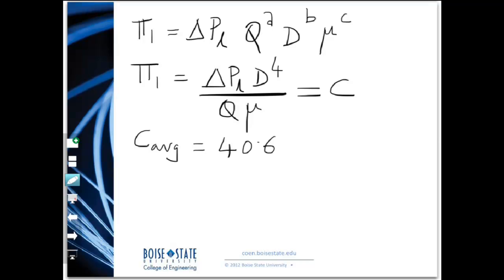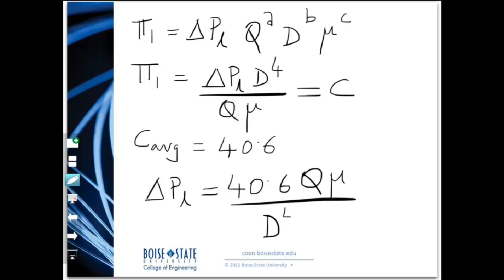I encourage you to do it for each and see if you compute the average, you end up with this. And then once you have that, your final answer which you're asked to provide is this relationship between delta PL, Q mu and D power 4. If the experimental data were not given, we couldn't have come up with this number, which is this constant.